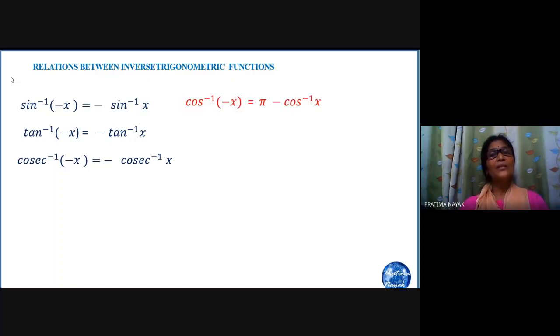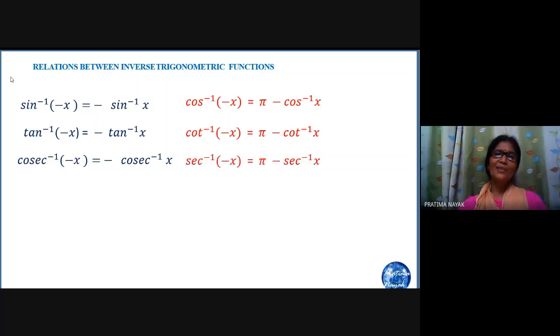Cos inverse of minus x is equal to pi minus cos inverse x. Cot inverse of minus x is equal to pi minus cot inverse x. Sec inverse of minus x is equal to pi minus sec inverse x. So this is one set having similar properties and another set having similar properties. You can keep in mind they are similar to each other so that you can apply them in problems.